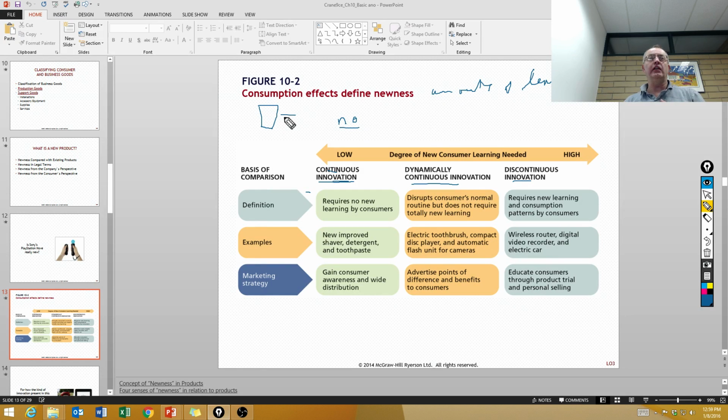Well, a bigger size container is a new product for the manufacturer. It's new to you, but it requires no new learning in order to be able to use that product. So it's called continuous innovation.